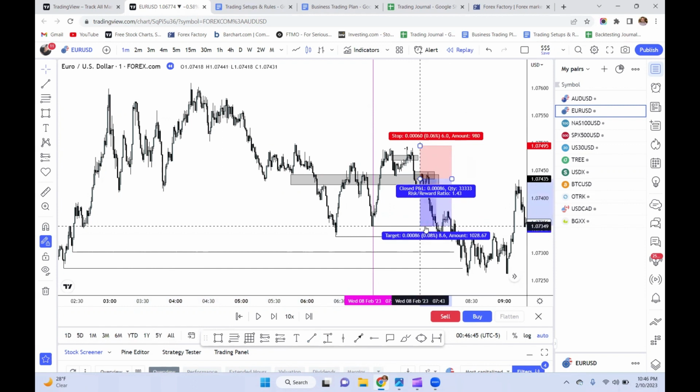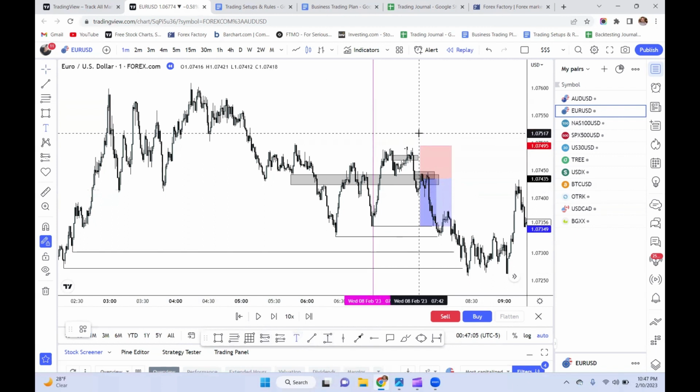We closed 50% of the trade. 1.43, we'd be up 0.5, nearly 0.75%. If we closed half of it, we'd be about 0.38%.